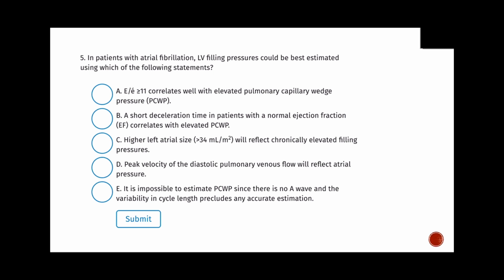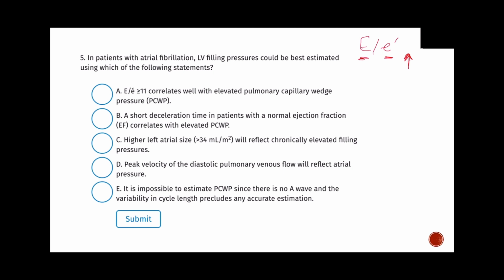So we talked about our E to E prime, and its relation of the mitral valve inflow to the tissue Doppler flow, right? As our E to E prime increases, it means that our E wave velocity is going up, which is dependent on diastolic function, stiffness of the ventricle, and also preload.